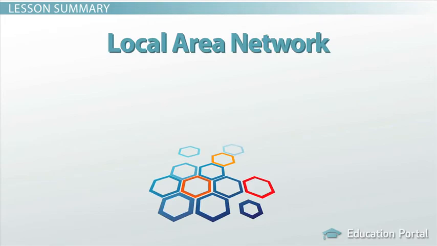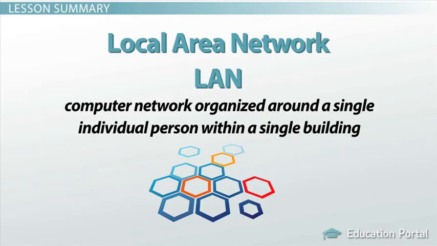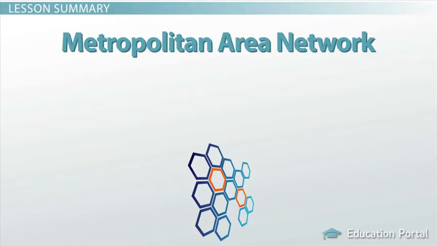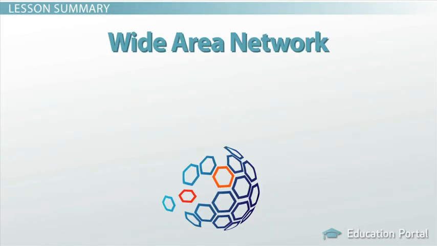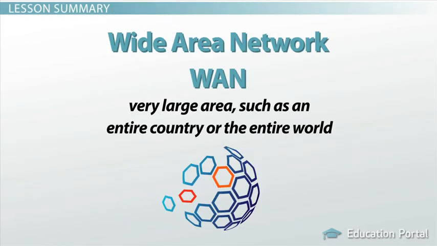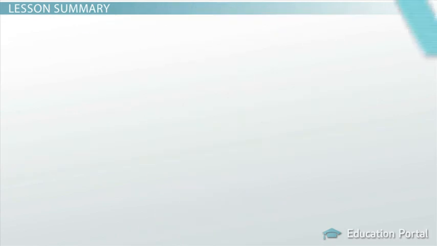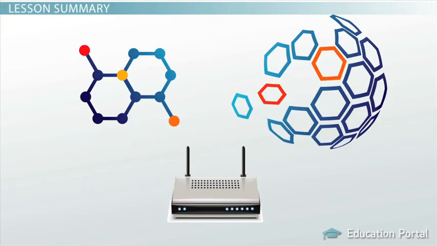A local area network consists of a computer network at a single site for sharing resources, typically an individual office building. A metropolitan area network consists of a computer network across an entire city, college campus, or small region. A wide area network occupies a very large area, such as an entire country or the entire world. All of these networks can be wired, wireless, or a combination of the two.